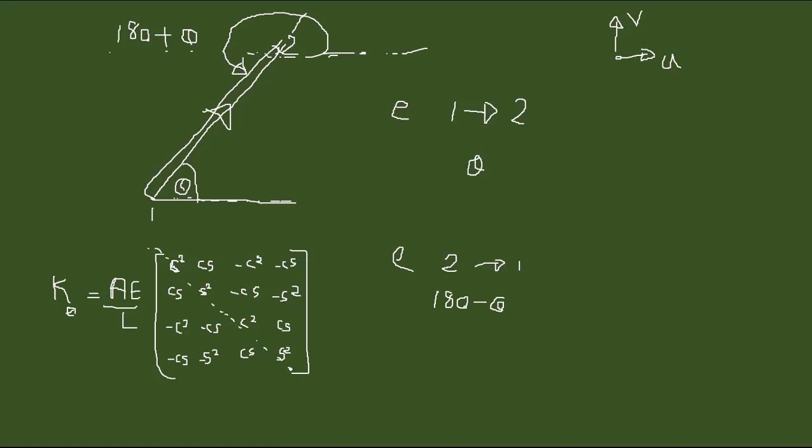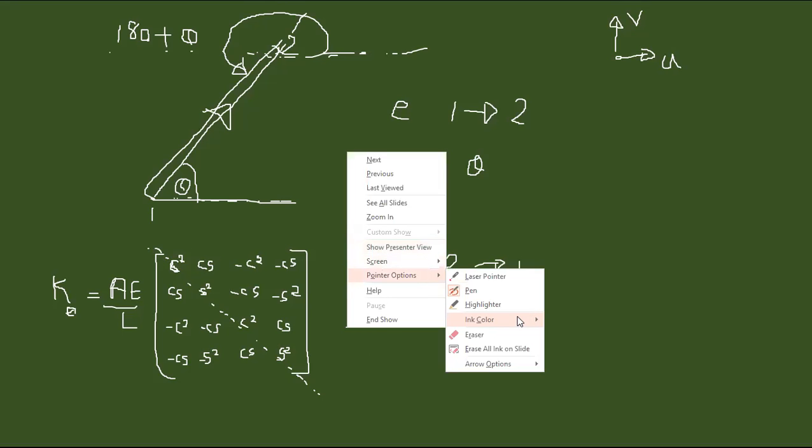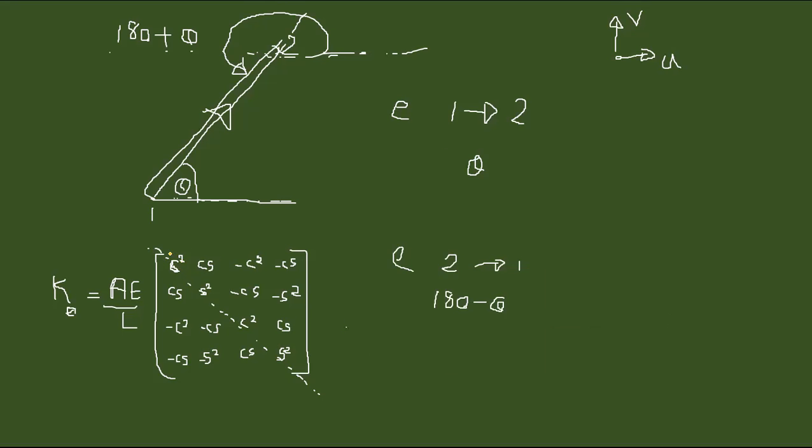Along the main diagonal, you can see the elements are symmetric. So one way to remember this matrix is to remember the first four elements.